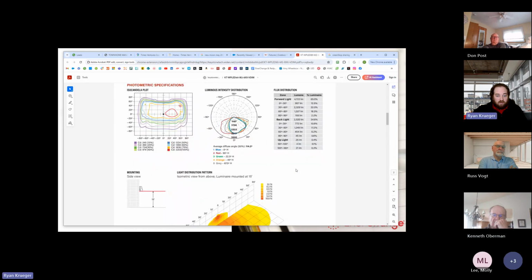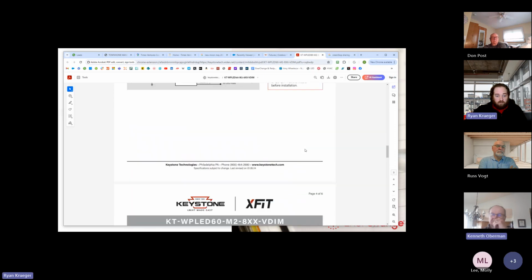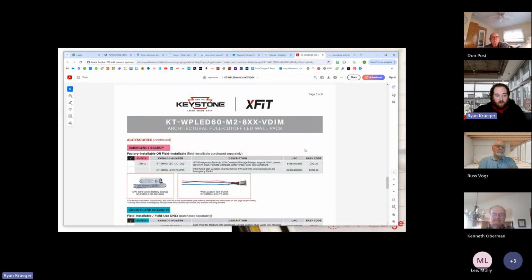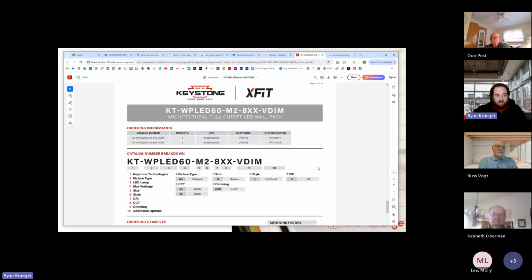So it's like this specific fixture is going to throw light in this manner, where if you're doing the outside of a building and you need to light the sidewalk that's, say it's 40 feet away, this is going to cover it. And then building diagram and kind of what you're going to need to get the system operational.